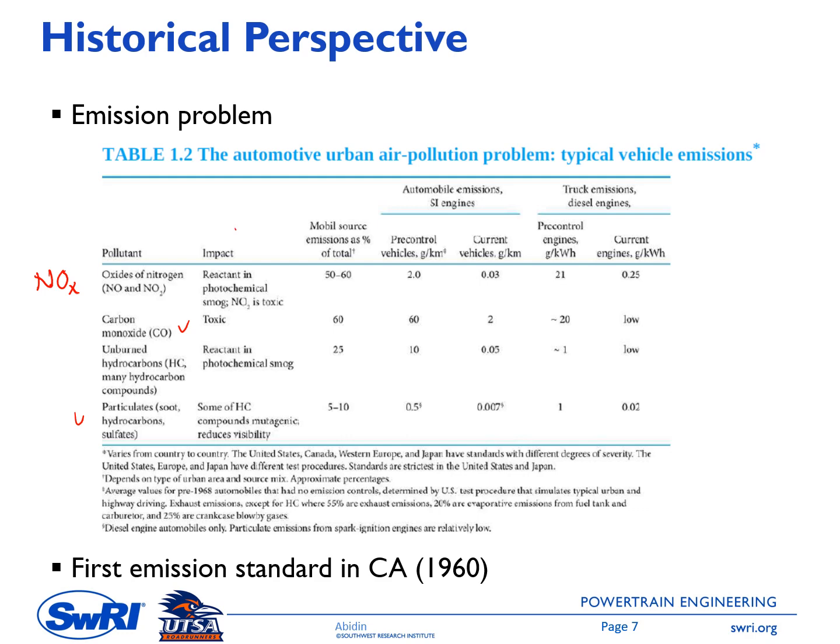The next column shows the impact of this emission. NOx is toxic, and carbon monoxide is also toxic. Unburned hydrocarbon generates photochemical smog, and this is also the bad impact of particulates.